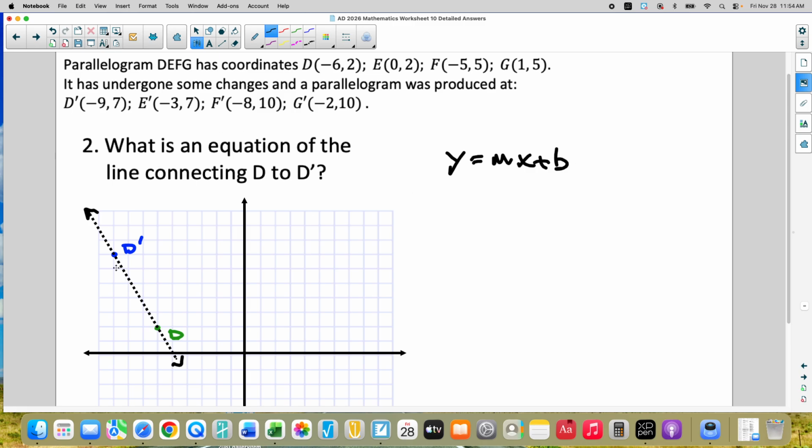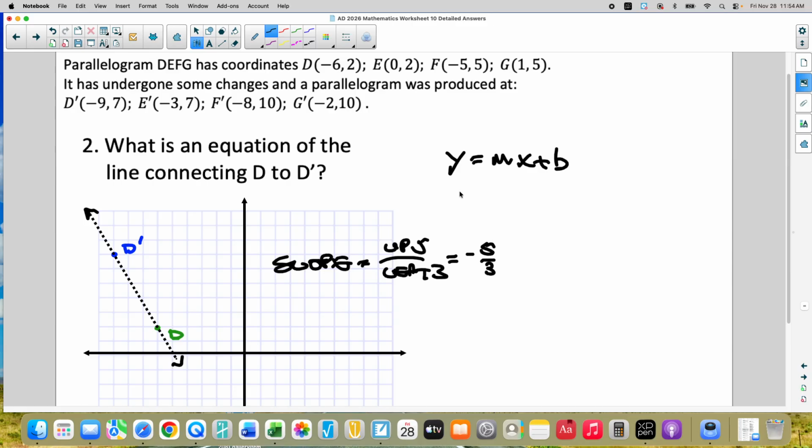So the slope is rise over run, 1, 2, 3, 4, 5, up 5, 1, 2, 3, left 3. So my slope equals up 5, left 3, which gives me negative 5/3.